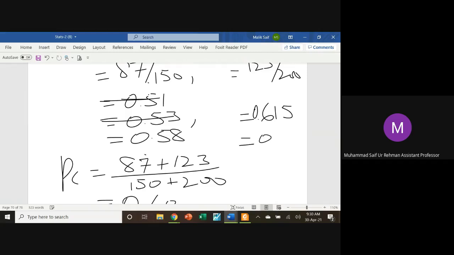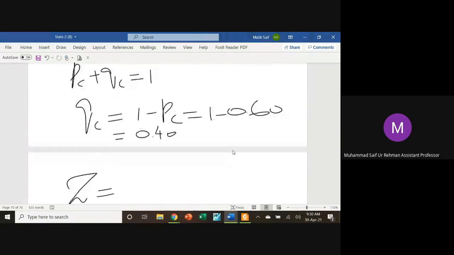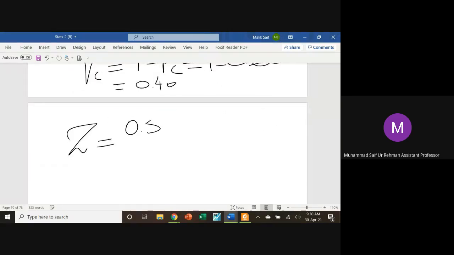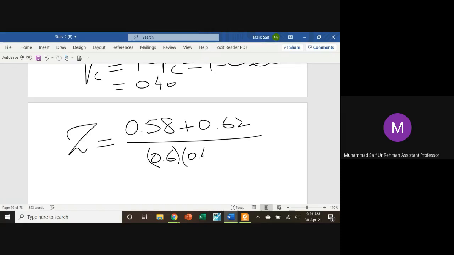You are taking other values up to 2 decimal points, so round it off up to 2 decimal points. 0.58 plus 0.62 divided by the square root of PC times QC, and then 1 over N1, 150, plus 1 over 200. This is closed square root.